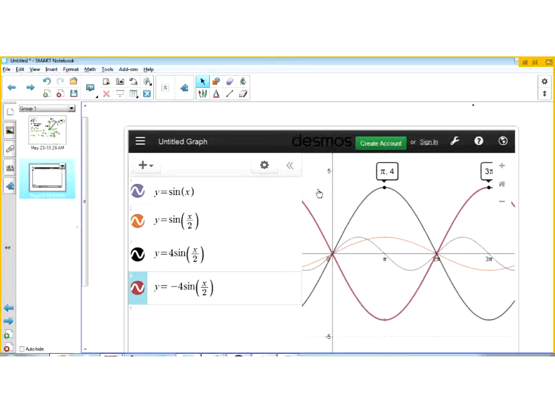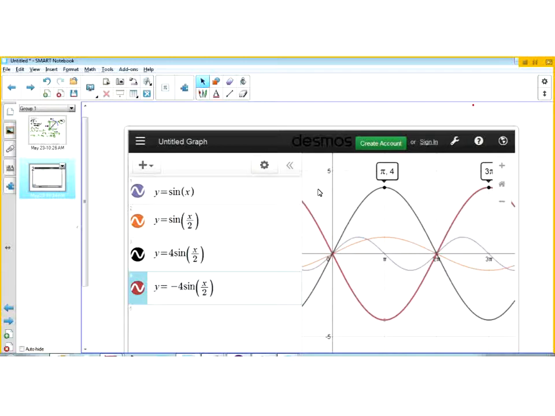Now, what's interesting is the way in which I got the graph of the red curve. I proceeded in steps, okay? And this is how you would do it if you were to do this using paper and pencil. If you were to take graph paper and I asked you to sketch y equals -4 sine x over 2, you would start off by sketching the graph of y equals sine x, probably on one period, 0 to 2 pi.